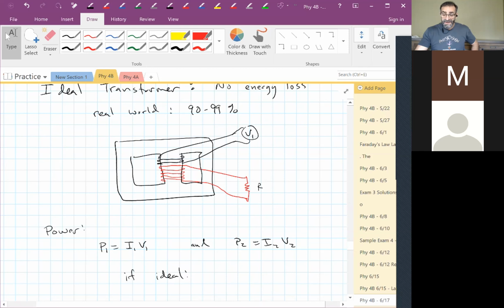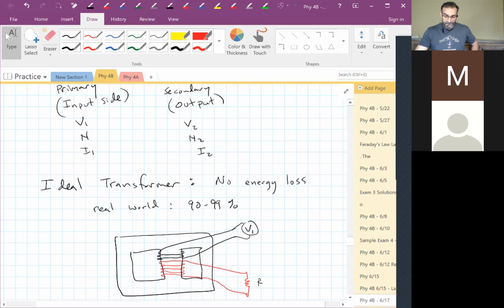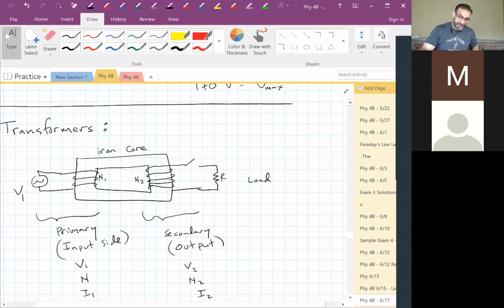The order is very important. This has to be AC. If that's DC, how much voltage is being generated in the coil over here? Nothing, because nothing's changing.